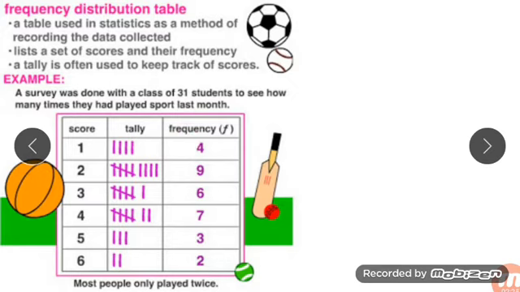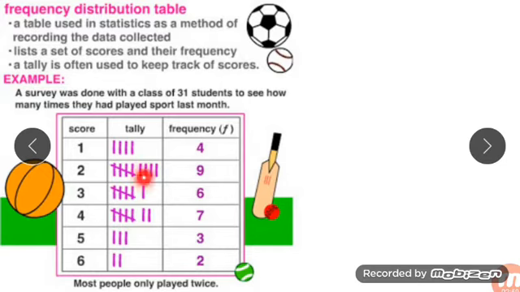These tally marks are used for listing down the observations, for telling how many times that observation has occurred. So here we can see the number of times that the students have played, the score, is 1. So how many students have played sports 1 time last month? 4 students.